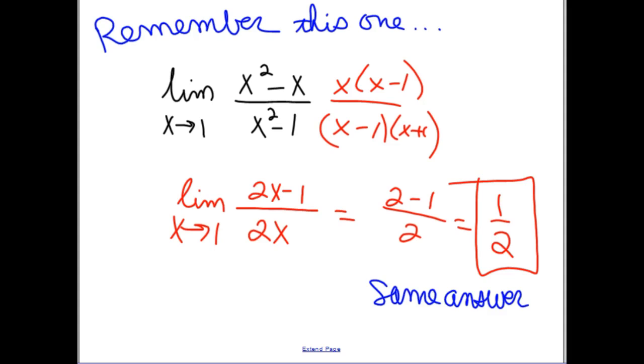Take the derivative of the numerator, that's that. Take the derivative of the denominator, that's that. Now, plug in the 1. So, 2 times 1 is 2, minus 1 is 1, and plug in 1, you get 2, and sure enough, you get the same answer. So it's not wrong to do it that way, it's just a whole lot harder. It's a lot easier just to recognize that that factors and cancel out the common factor.